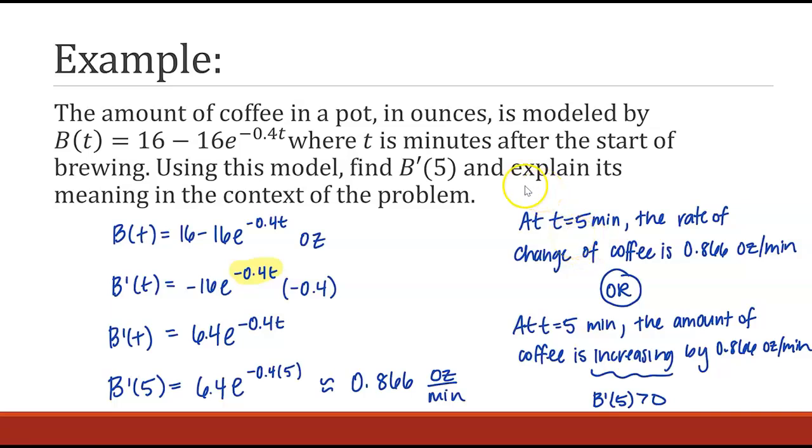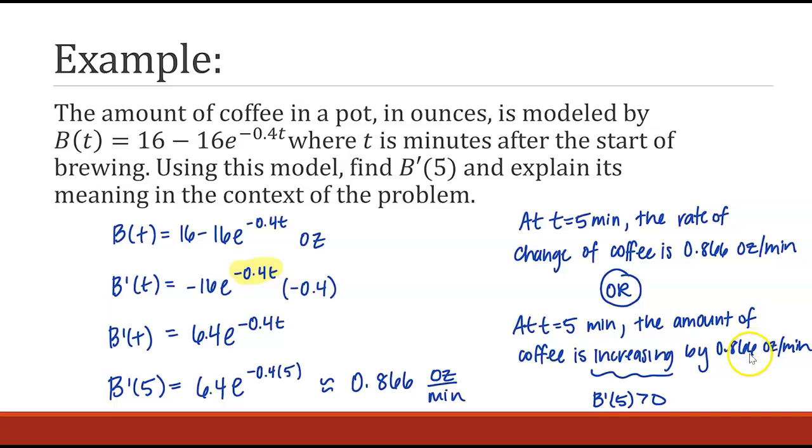It doesn't have to be the exact same way to explain the meaning, but we have to somehow involve the notion of the rate of change of coffee, in ounces per minute, or the idea of saying the amount is increasing is talking about that change, just using a different word, using increasing.